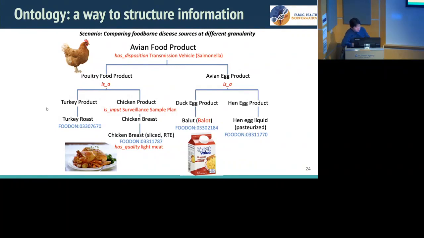So for example, while this hierarchy denotes an is-a relationship, you can have another set of relationships talking about how avian food product has a disposition of being a transmission vehicle for certain pathogens such as salmonella, and that then conceptually links a pathogen to an isolation source, for example. So if you do this rigorously, then you can teach computers how to reason through your data sets.